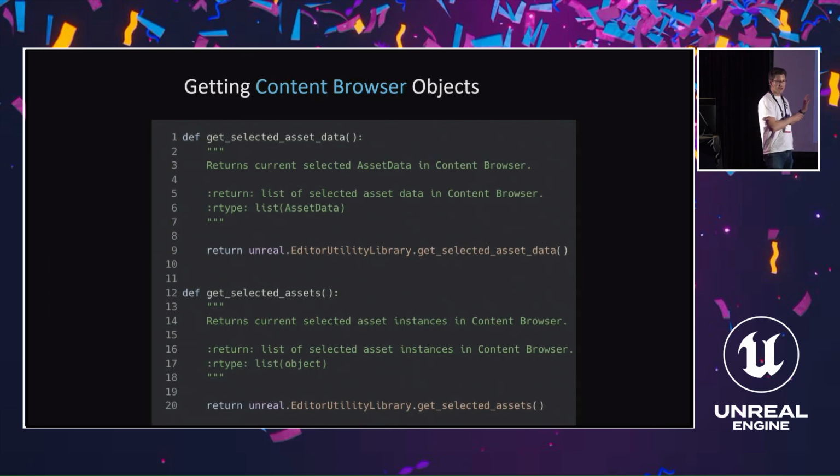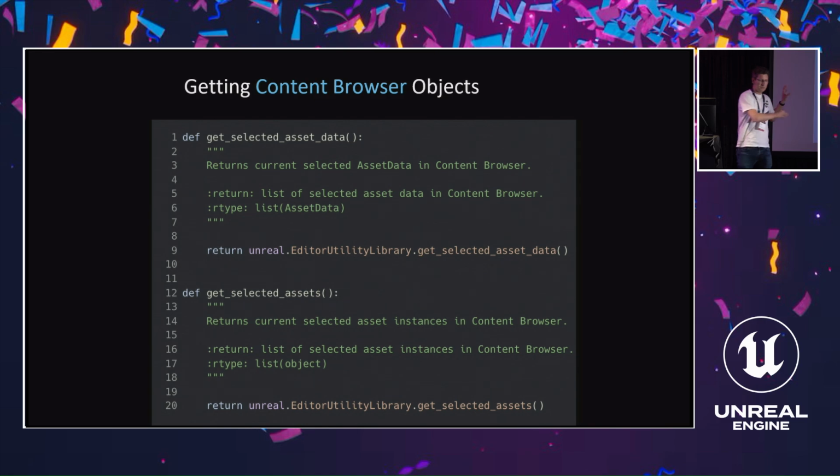We're just going to dive into code, so it's going to get a bit codey now, just to explain a couple of things. Here we have getting your selected asset data. You use your editor utility library, and that gets selected asset data. That will return an asset data type, compared to when you say get selected assets, which will return an object data type.